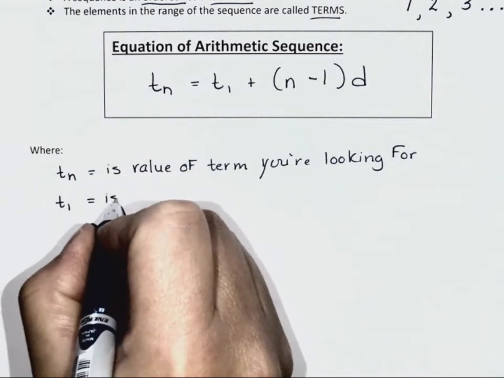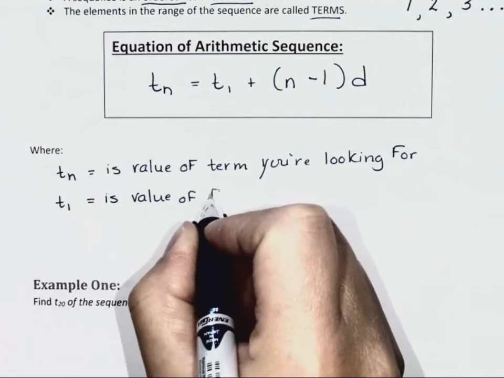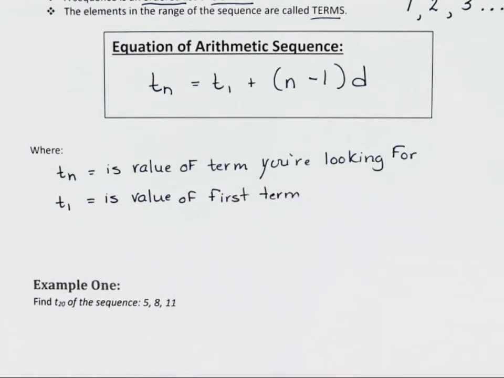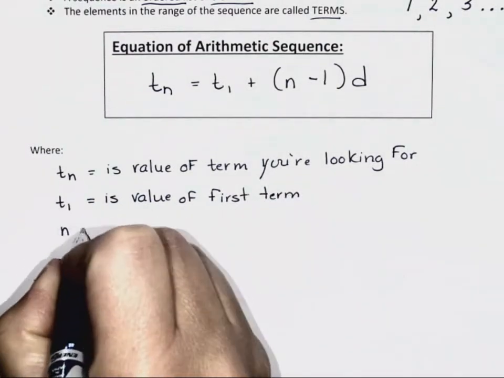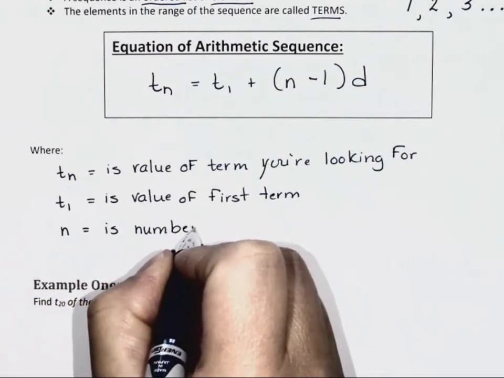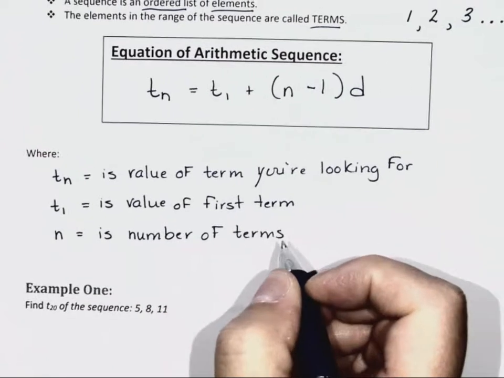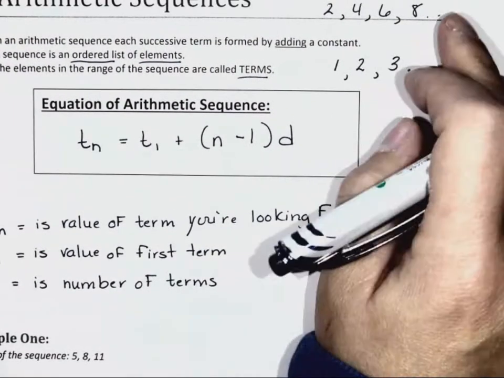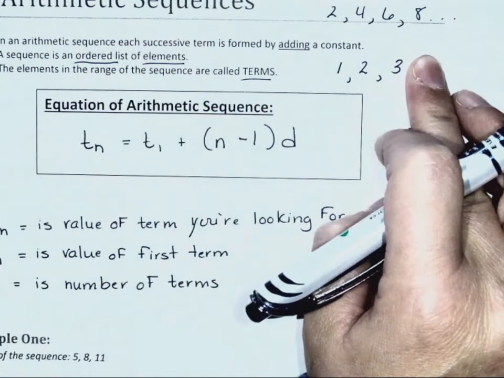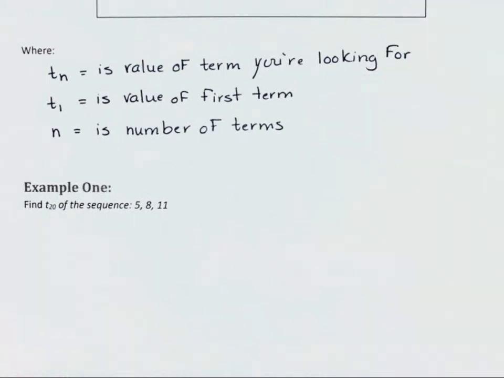T1 is the value of the first term. I can say it faster than I can write it. n is the number of terms, and remember terms are just the numbers. So in this one, if I didn't have the ellipsis, this would be 3 terms because I have 3 in my set. Okay? n is the number of terms.